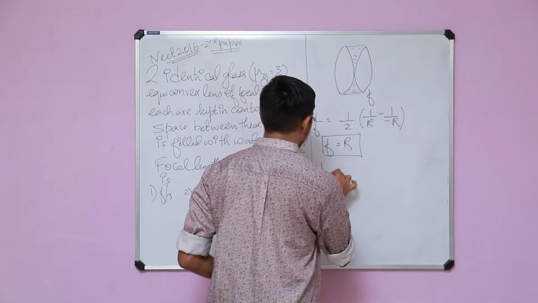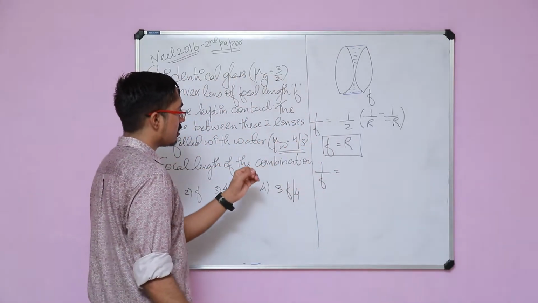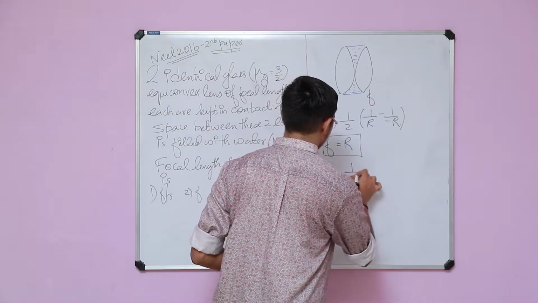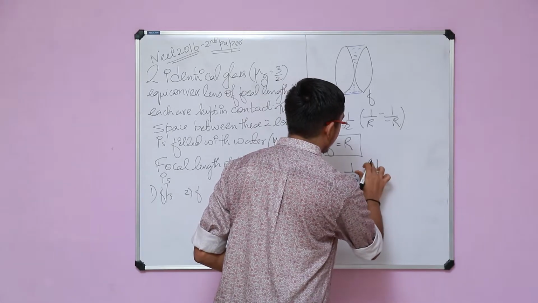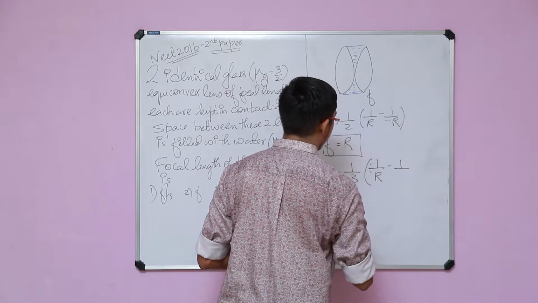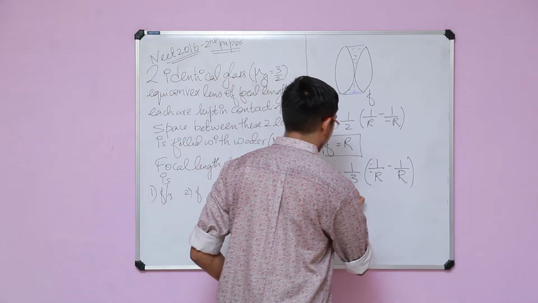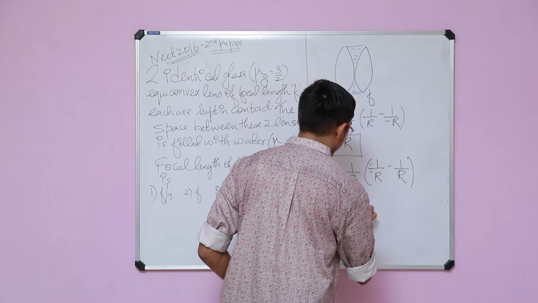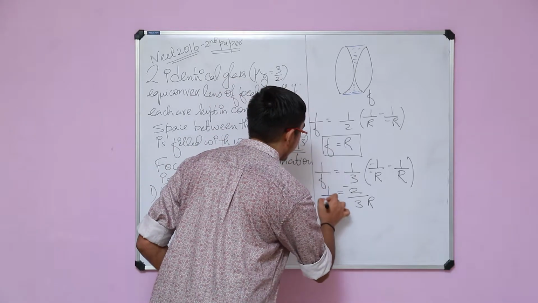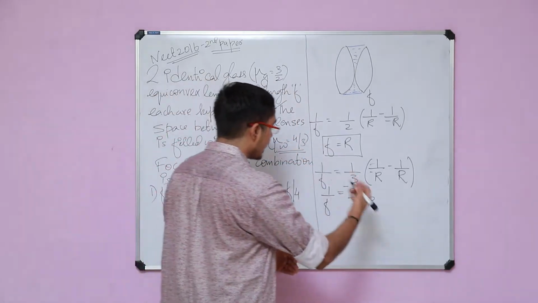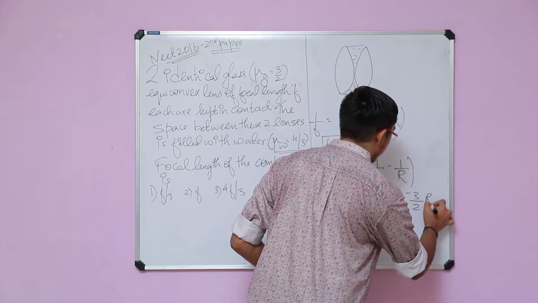Again, 1/f = (mu - 1)(1/r - 1/(-r)), where mu minus 1 is 4/3 minus 1, so that is 1/3. That gives you 2/(3r) = 1/f, and you will get the focal length equal to minus 3/2 times r.